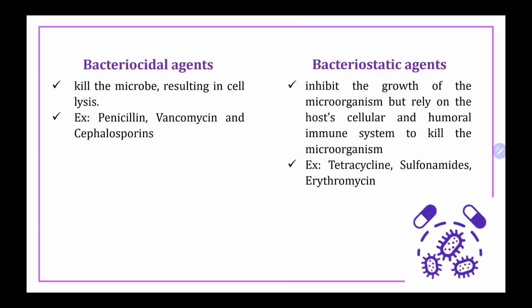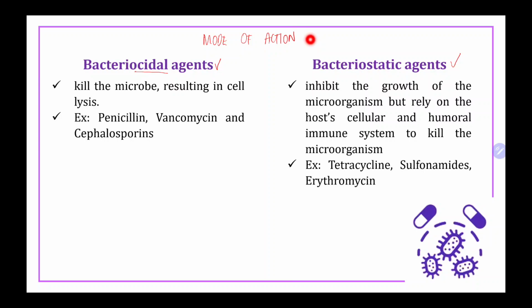Now you have two types of antimicrobials based on their mode of action. You have your bactericidal agents and your bacteriostatic agents. When you say bactericidal agents, from the name itself, it is an agent that can kill the microbe, resulting in cell lysis.